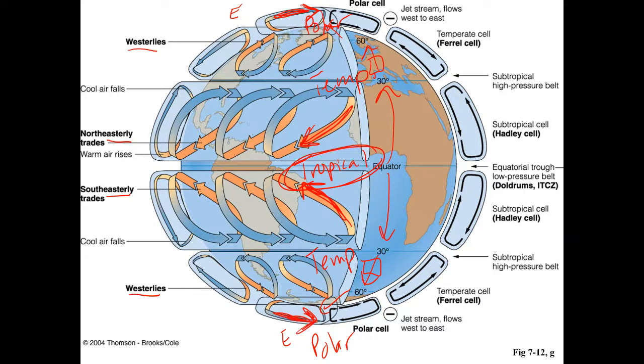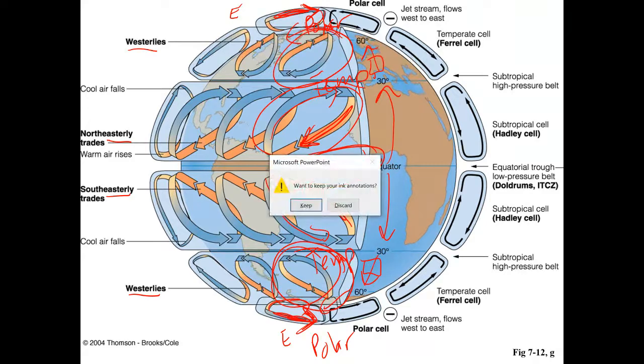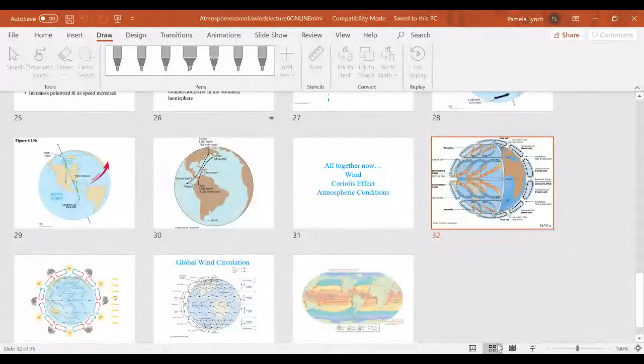But since air has density and it rises and falls based on the circulation patterns, warm must eventually rise and get cold. Cold must eventually fall and get warm. And the temperate bands, of course, are going to represent those that are sandwiched in the middle with both warm and cold situations.